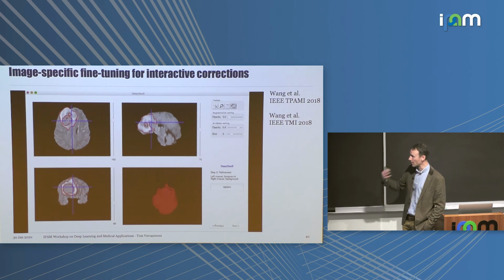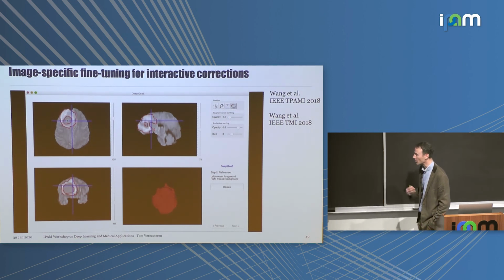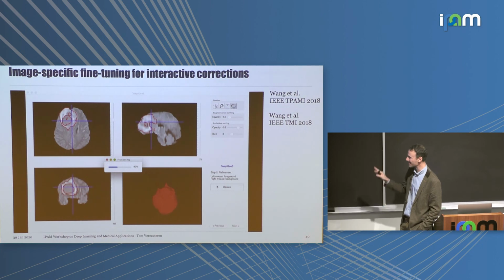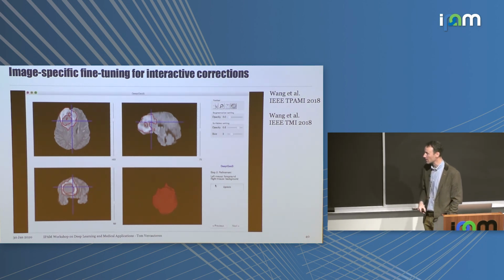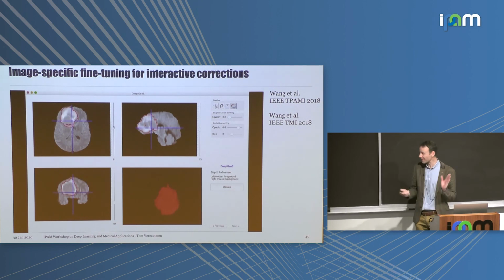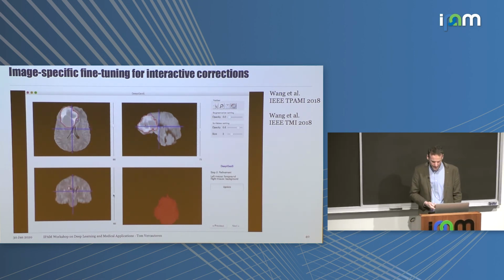In 2D, we can run the retraining on the fly. In 3D, it takes a bit more time, so we wait for the user to provide all the scribbles, and then push update, so that we retrain the network on the fly here. And yeah, that's it. And so if the user is happy with the segmentation, we can continue and do something else.